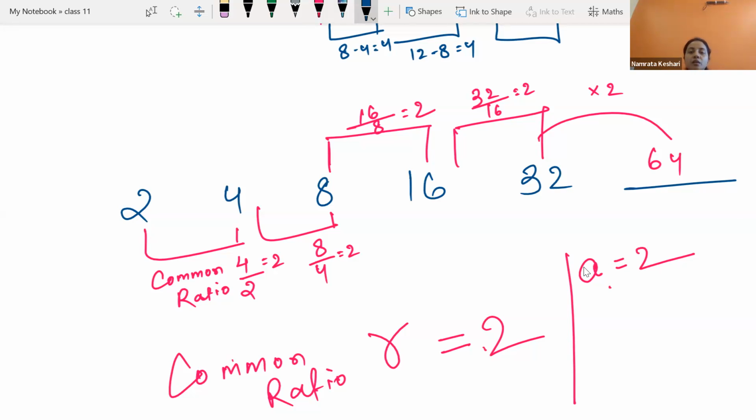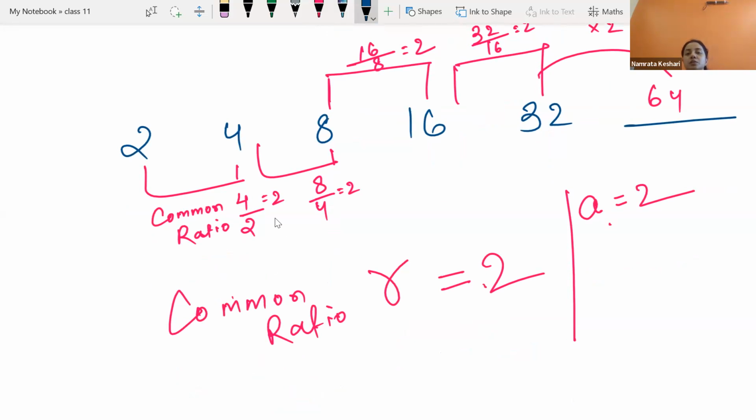Now if you have to find a certain term, suppose I am rubbing out this 64 for now, and asking which term. This is the first term, this is the second term, this is third, this is fourth, this is fifth. Suppose I want to find the sixth term using the formula.